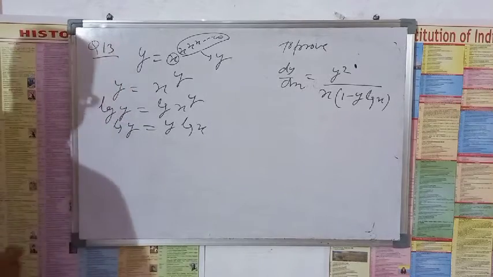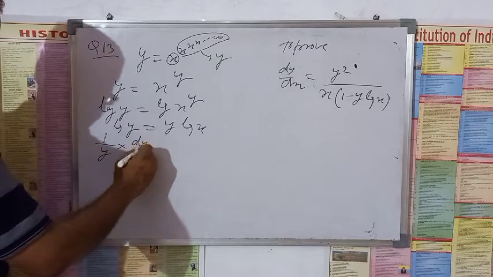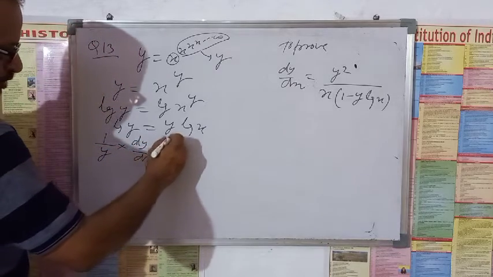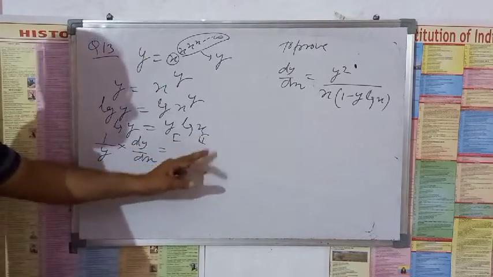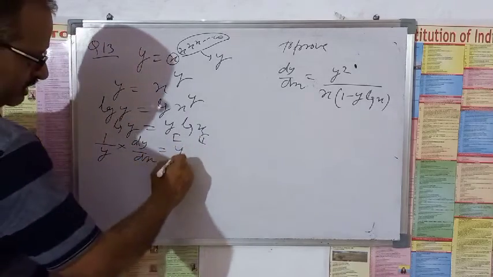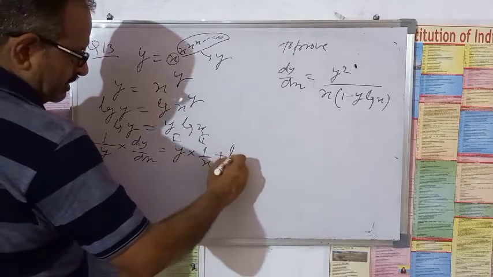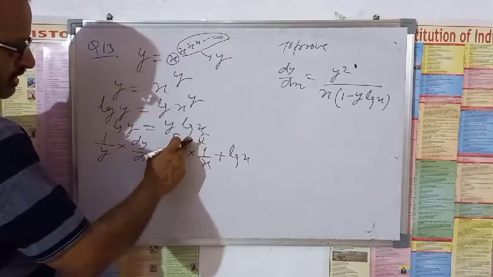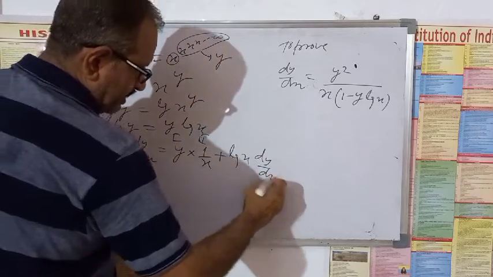Now differentiate it. Log y derivative 1 by y, y derivative dy by dx. Use the product rule here. So first function y, derivative of log x is 1 by x, plus second function log x, derivative of y, dy by dx.